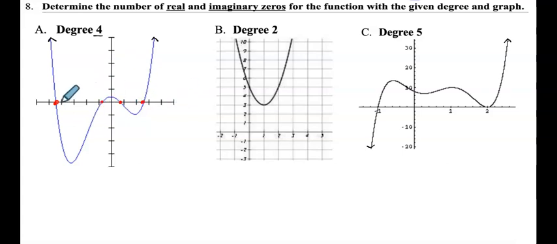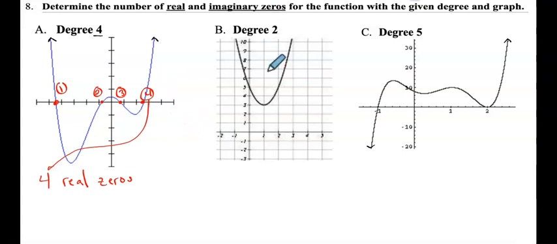So this does have 4 intersections on the x-axis, which means you have 4 real zeros. All right, 1, 2, 3, 4. 4 real zeros, right?